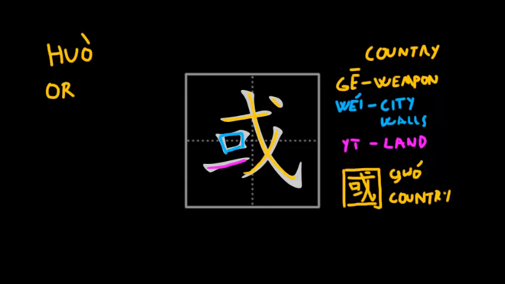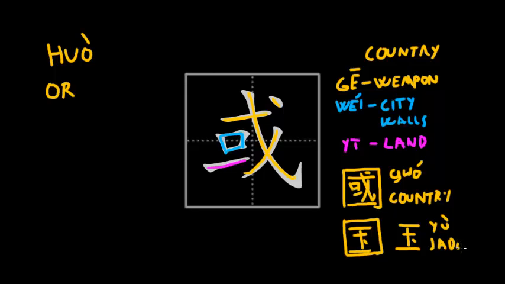Now, the simplified version of this character, because as I said, this is the traditional version, is this one. I'm not exactly sure about the stroke order here, so please correct me if I'm wrong. And it is again pronounced ɣʷɔ, and it means country. But unfortunately, if you look at the simplified version of this character, you will have a hard time knowing how to pronounce it, because the inside of the character, if I just extract it, is basically this element, or this character over here, which is pronounced u, and it means jade.